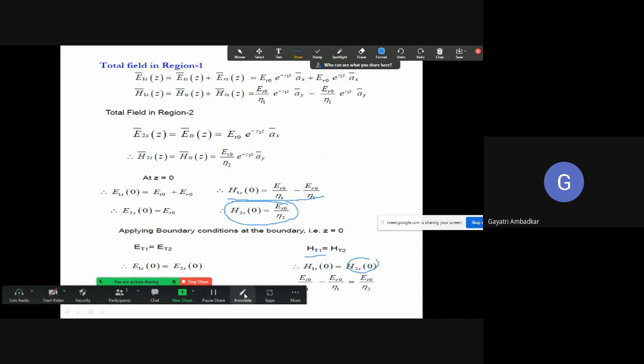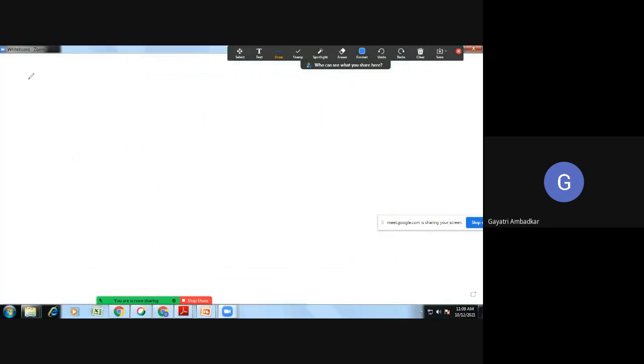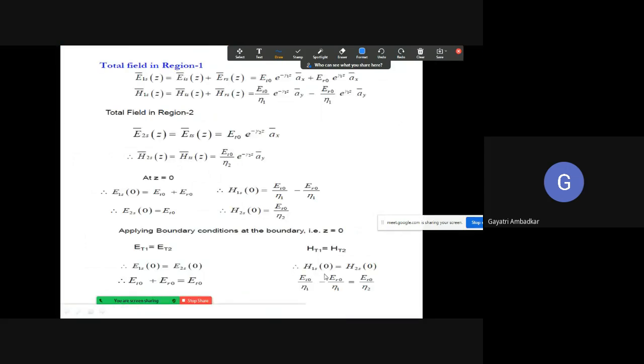I'll use the whiteboard. Let's see, I'll call this Ei. We are considering z equal to 0.